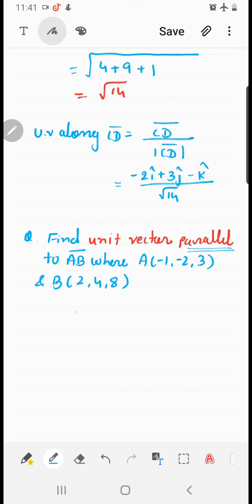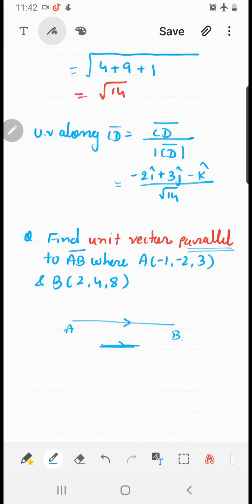Now, let's say there is a vector here, AB bar. What I am looking for is a unit vector, and if you recall, unit vector is any vector whose magnitude is 1. So I want to draw a vector whose magnitude is 1 and parallel to AB bar. But here I have just said parallel, so I have given you the choice of the direction.